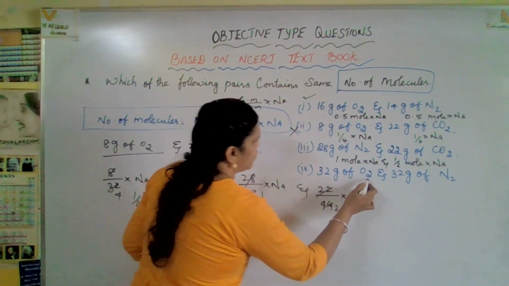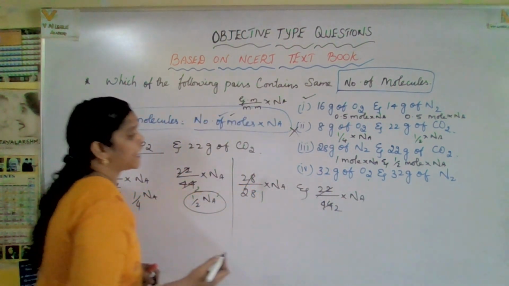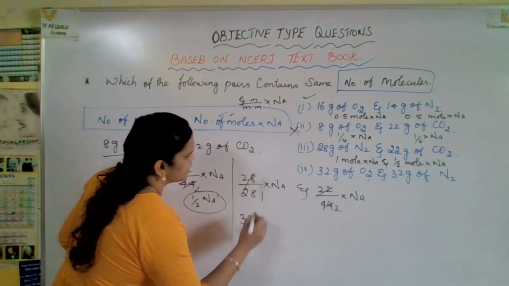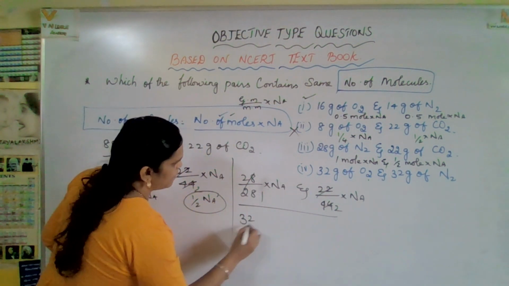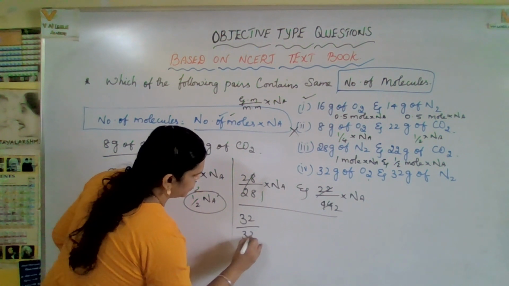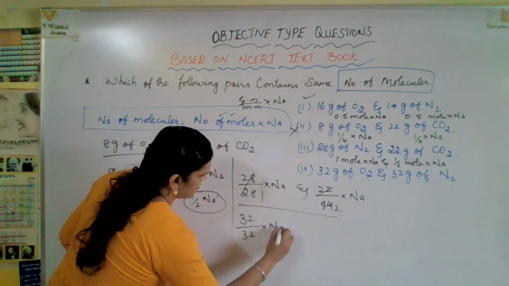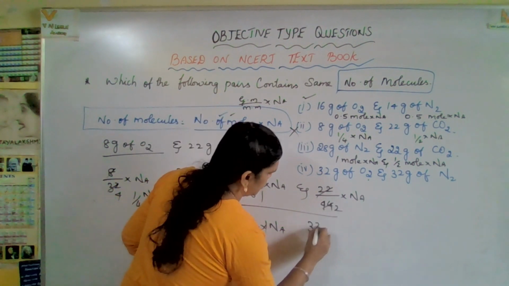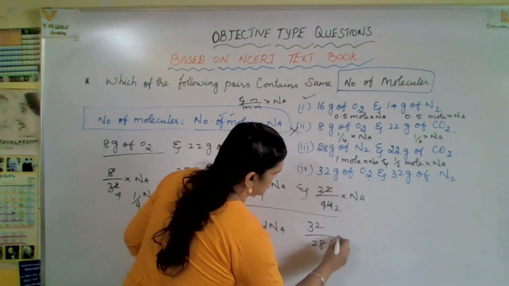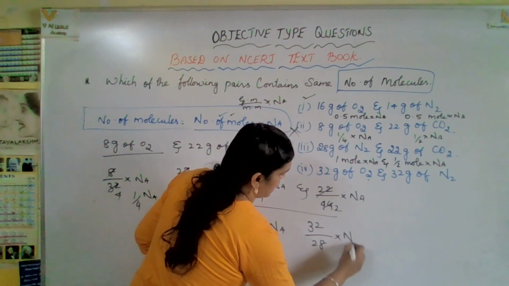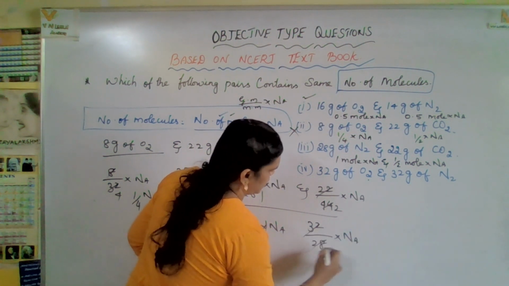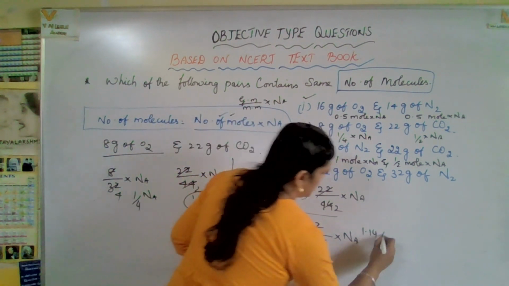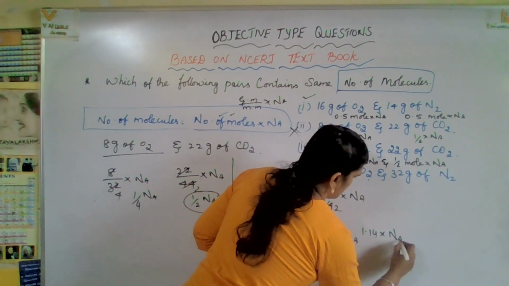Now, next one. 32 gram of oxygen and 32 gram of nitrogen. See, totally varying. 32 gram of oxygen: 32 divided by 32 into Na. This is 1 mole only. Whereas here 32 divided by 28 into Na. So actually you will get somewhat 1.14 into Na.